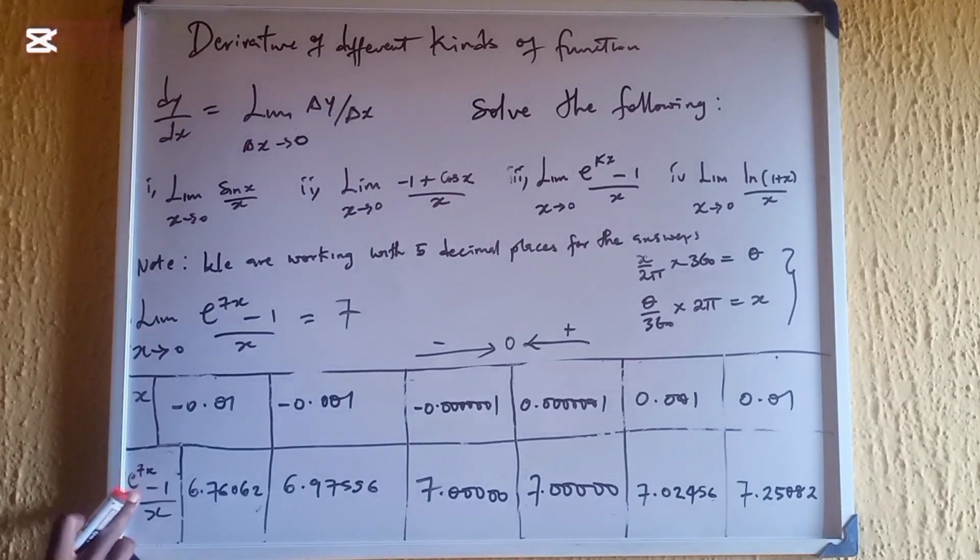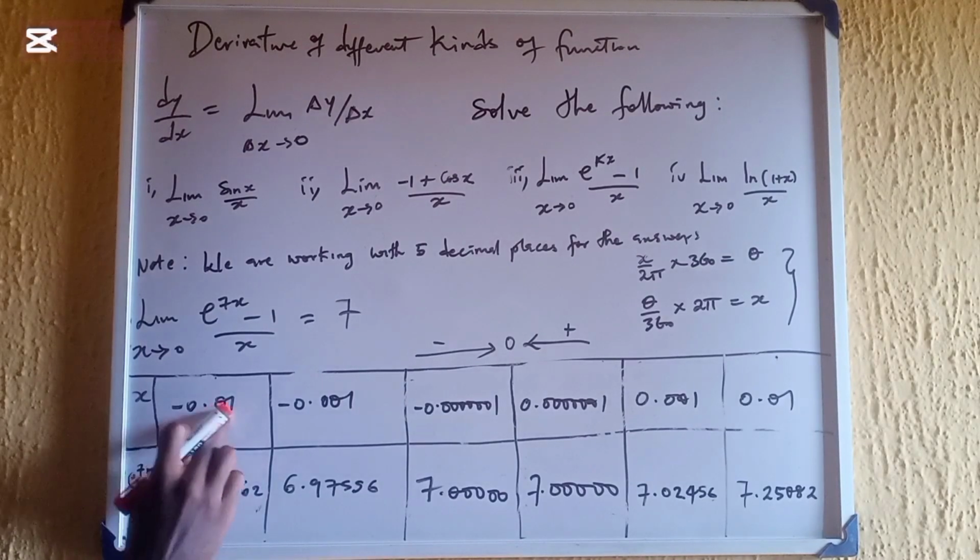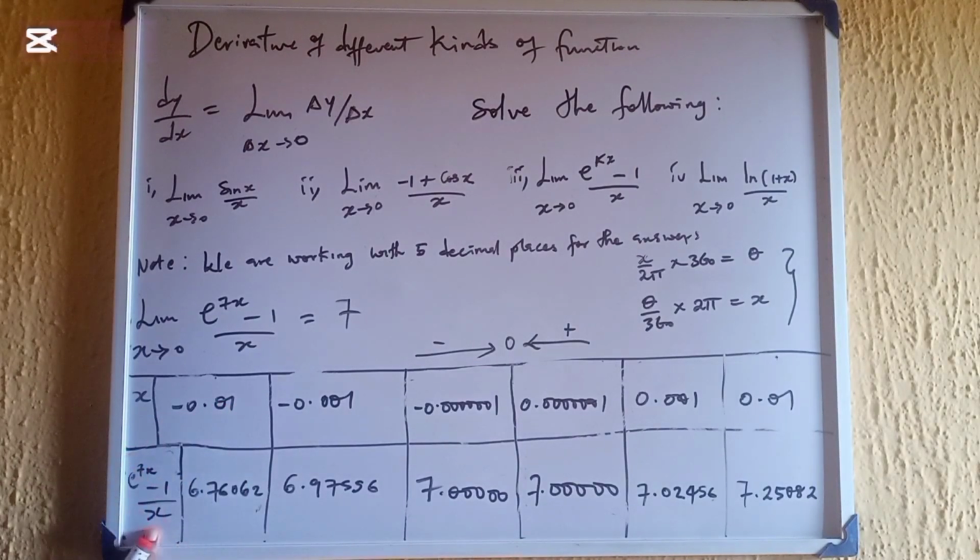We have e to the power 7x minus 1 over x. Now use this number for the power and use it for the denominator. That's, here you have x, you put this number. For the first one, you'll be having 6.76062. This number is close to 7, but it's not 7. Because if you approximate, you'll be having 7, but it's not 7. So we'll go closer to 0.